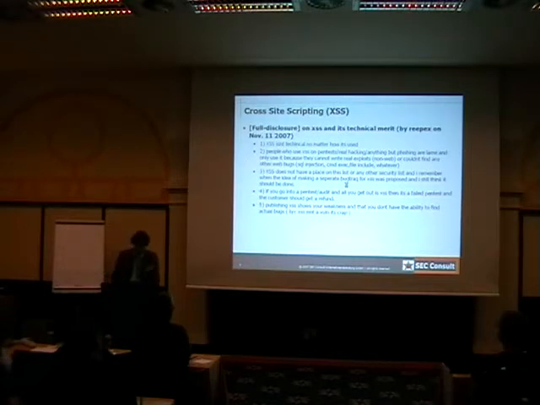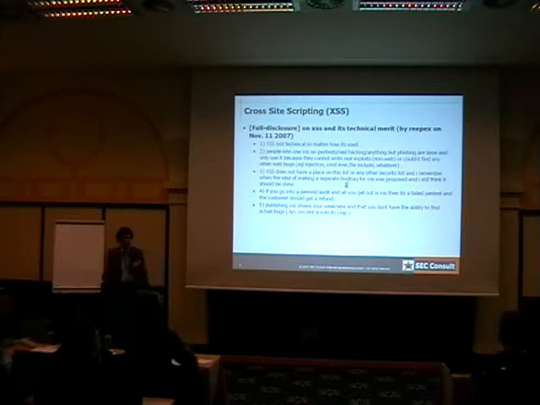And well, publishing cross-site scripting shows your weakness. Well, while I agree on the last part, publishing cross-site scripting shows your weakness, because I think you should at least give the webmaster of the affected page a chance to remove the cross-site scripting vulnerability before publishing it.